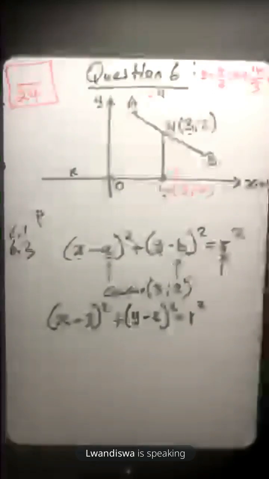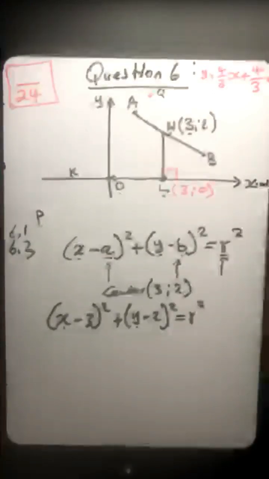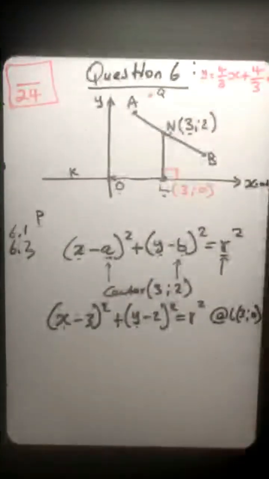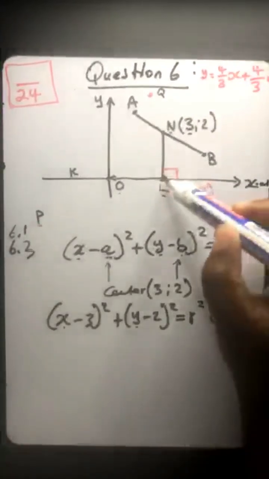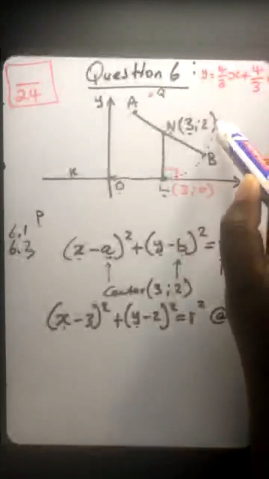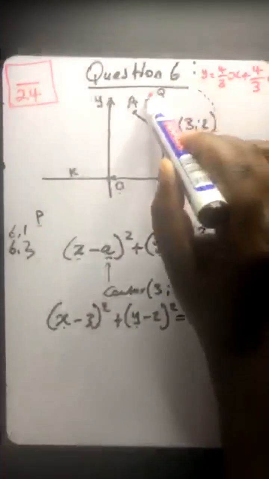Sir, I think we can use L. 100%. That is why you're going to say at L we are having that and that. Why are we using L? It's because that point L is where our circle actually passes through.